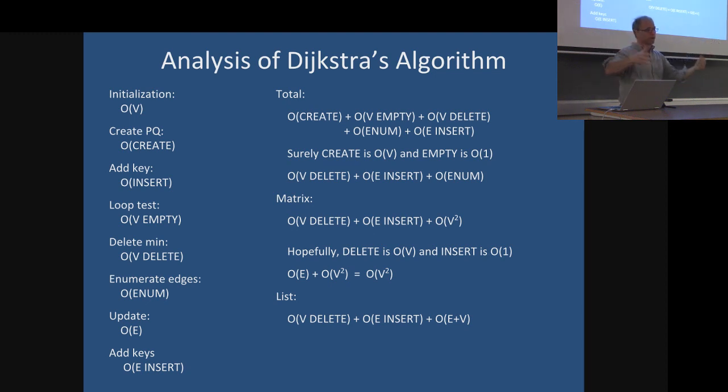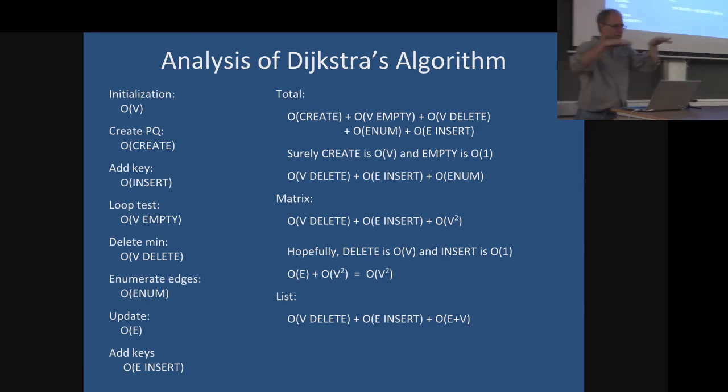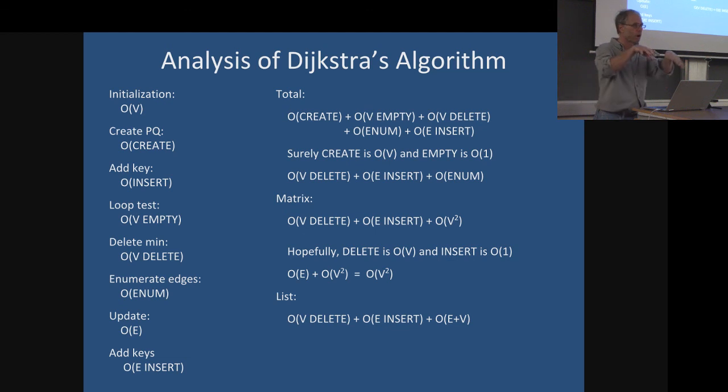And in a sparse graph, E and V are roughly the same. So to keep this at a minimum, we want these two to be the same, right? We wouldn't want to make this constant and that V because you end up with a V squared term over here. And vice versa. So ideally they'd be constant. They can't be. We want them to be small and the same in order to balance things out.